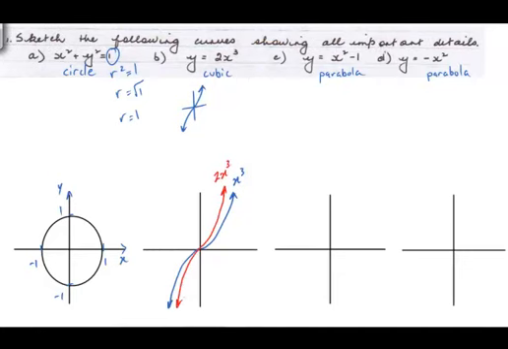Alright, if you want to plot a point on it, it doesn't matter what point you choose, you might just choose the value 1. If I put that into my x, it means I get 2 times 1 cubed. 1 cubed is 1, so 2 times 1 means that that point there would be the point (1, 2). Alright, so the main thing to remember is if there's a number in front here, then it just makes it slightly steeper.